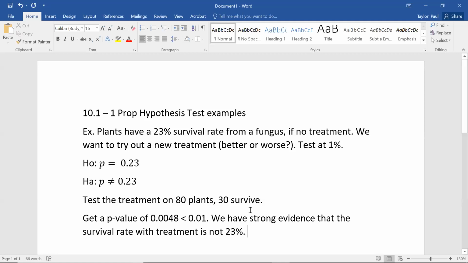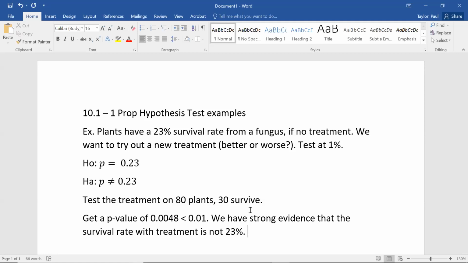Now, our survival rate turned out to be higher. It was like 37%, but that's a side conclusion. We were directly testing, is it not equals? Is it something other than 23%? And we found strong evidence that it was indeed probably something other than 23%.